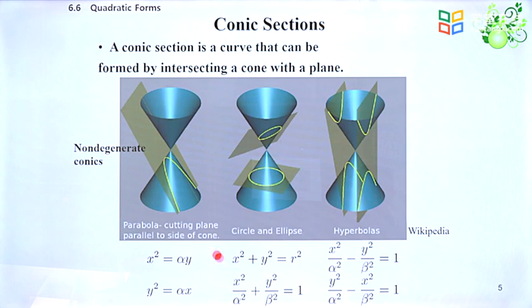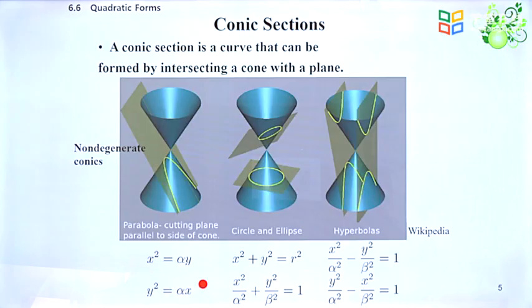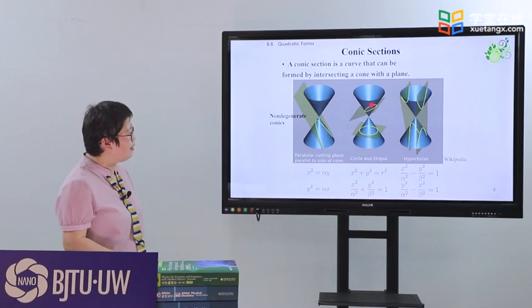The standard form of the parabola is like this: x power 2 equals alpha times y, or y power 2 equals alpha times x. If we use such a plane to intersect with a cone, we can get a circle or ellipse. Here, this one is a circle, this one is an ellipse.